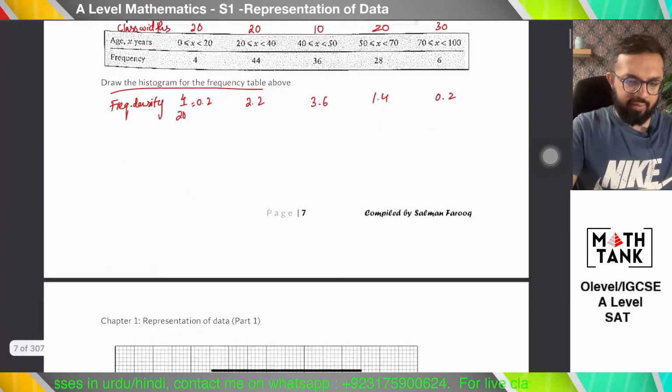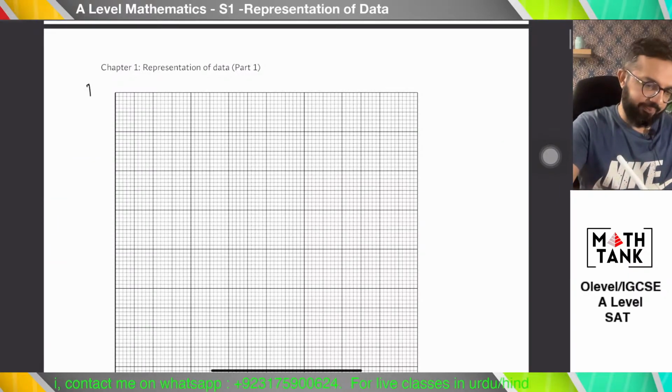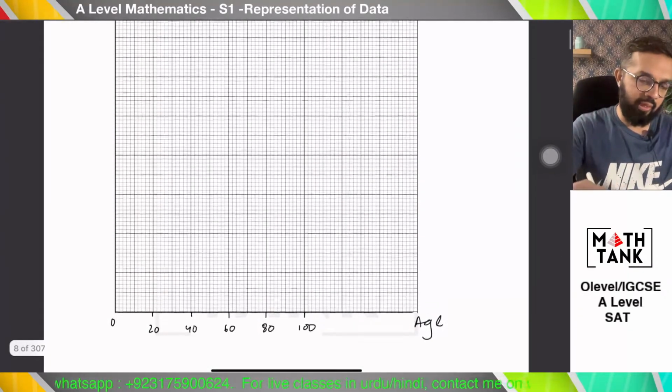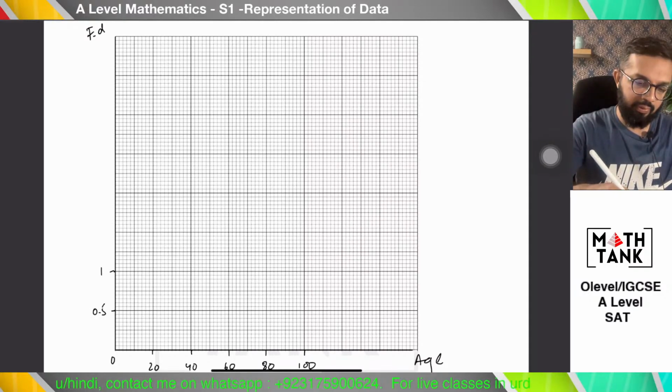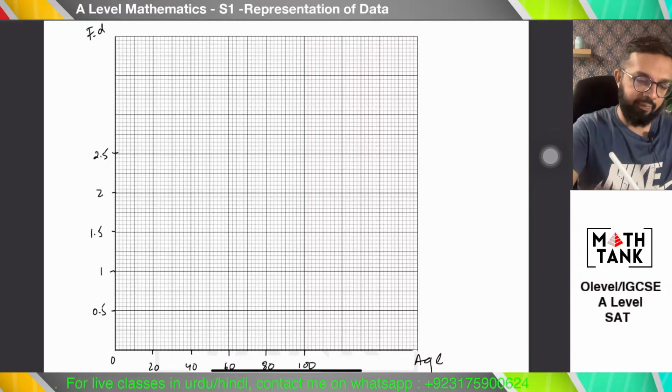And then on the vertical axis, I have to plot frequency density. I have to go up till 4, so I'm going to mark 0.5, 1, 1.5, 2, 2.5, 3, 3.5, 4.